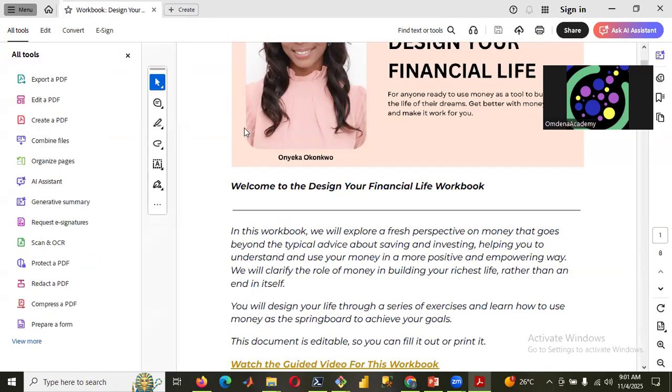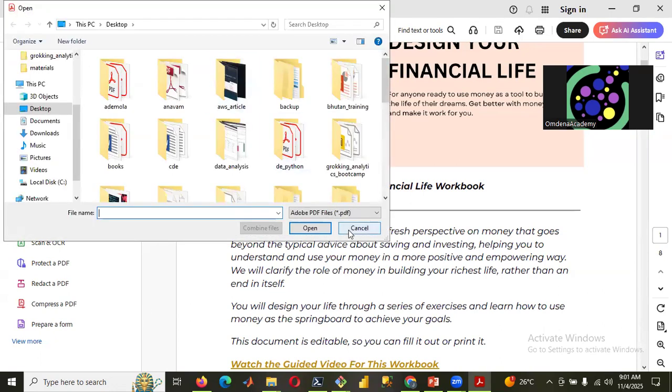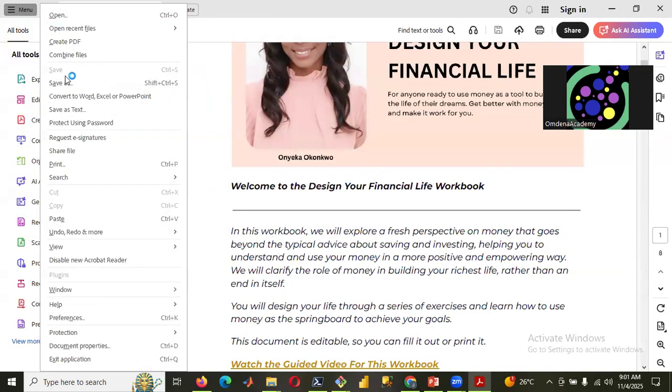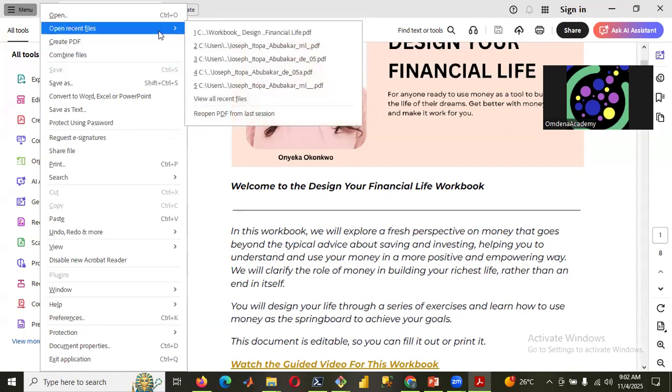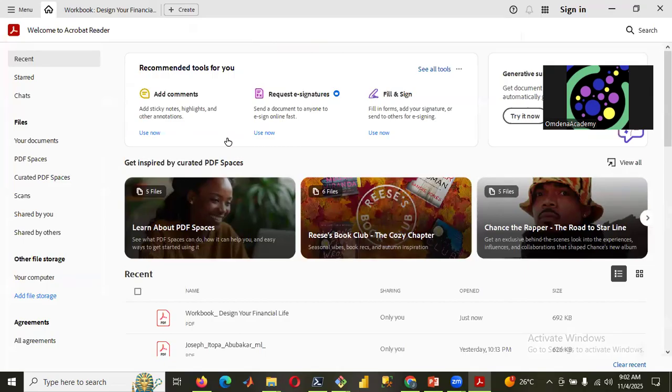Let's see. I don't know why it's so slow. I don't know if it's open. No, there is this one that used to show recent. Oh, is it not here? It should be here. Yeah, open recent files. Okay.